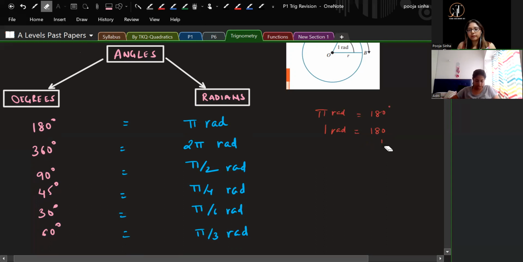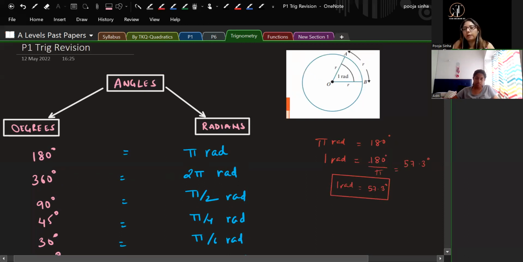It's 57.23, I mean 57.3. So approximately 1 radian is 57.3 degrees. Did you understand this? If I make an angle of approximately 57.3 degrees here, at that time the radius will be equal to the arc length.